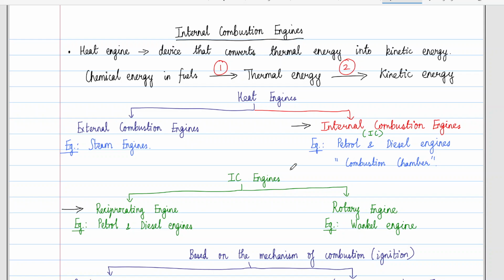Then there are opposing forces. These include first the aerodynamic drag, half into rho into CD into V square, where V is your speed, CD is the coefficient of drag, and rho is the density of the air. The second force is the rolling resistance of the tire, Fr into the weight on the tire.